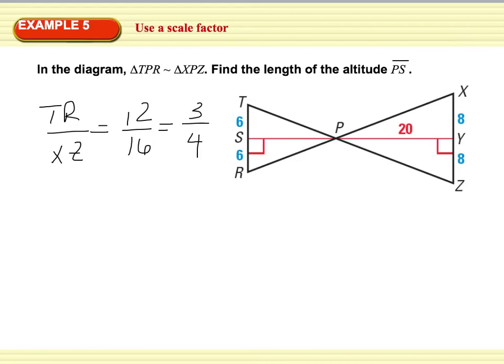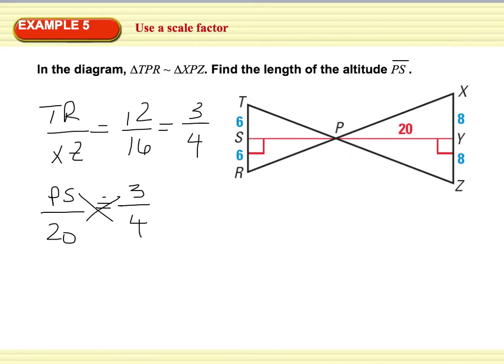So if we're trying to find PS, I can put that over 20. Because PS is an altitude, the altitude of triangle TPR, over the altitude of triangle XPZ. I can set that equal to the ratio we just found.